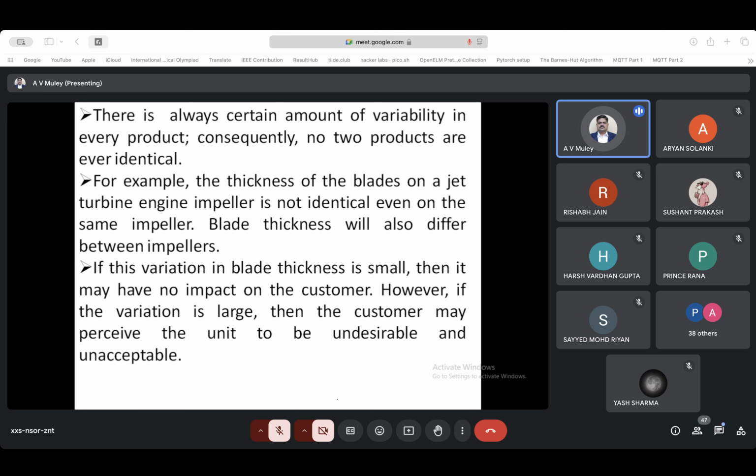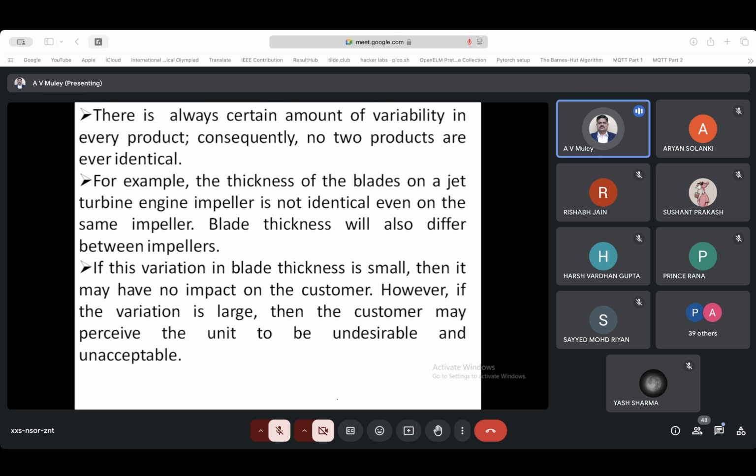Blade thickness will also differ between the impellers. Or you can have, for example, a bar which comes out of a sophisticated machine, and if we want to measure the diameter of the bar, you will find that at different locations the diameter of the bar varies. Or if you are fabricating multiple bars and measuring the diameter, you will always find there is a variation during the process.